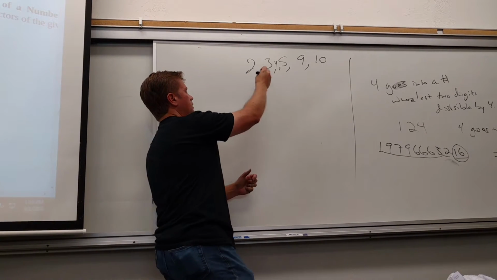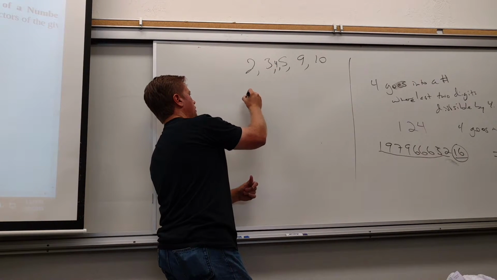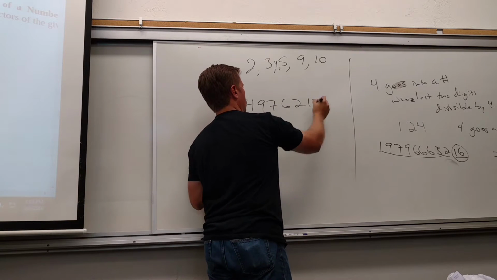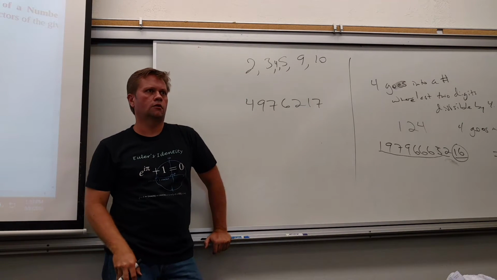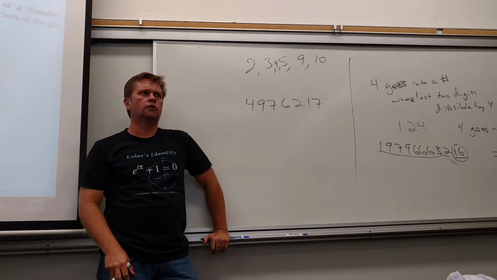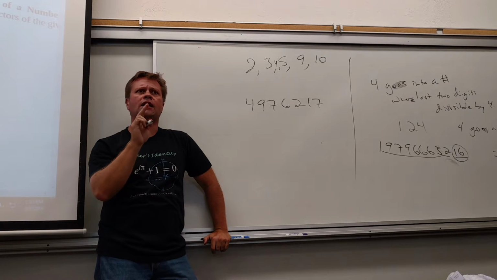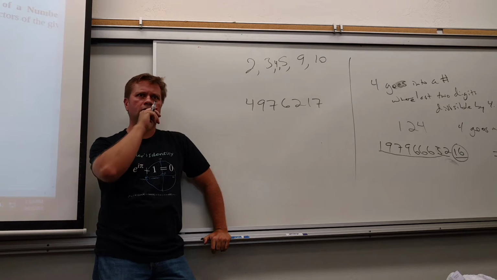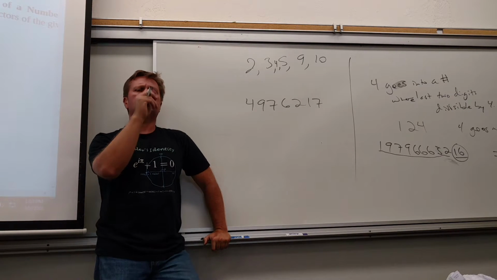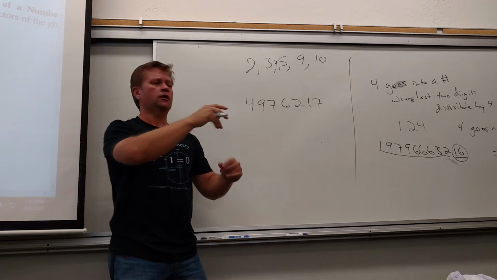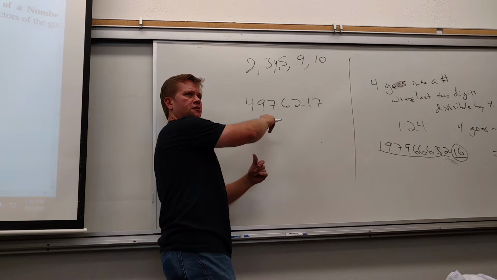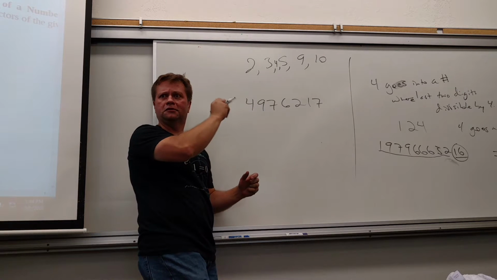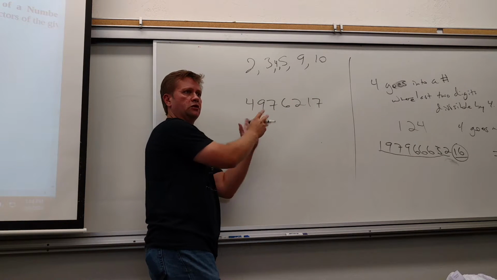So if I said, does 9 go into this number here? No. Why not? What's the rule for 9? Same as the rule for 3. What's the rule for 3 or 9? Add up all the digits. I'm not saying the answer is not no, but you've got to give me the reason. I didn't even try to make this work, so maybe it works for me.